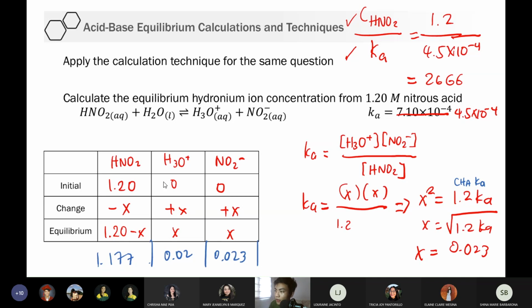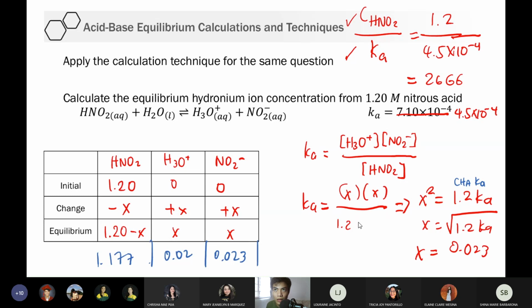Okay, so again, recall, you create your ice table, you write your K expression, and then you divide the initial concentration of your acid by the constant. If the ratio is greater than 1,000, then you can use the small x approximation. Anong gagawin nyo? On your denominator, yung minus x term doon, pwede mo na siya burahin. Okay?